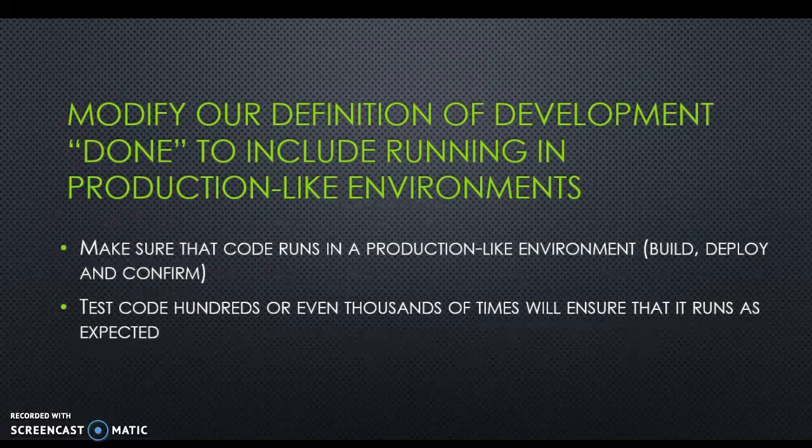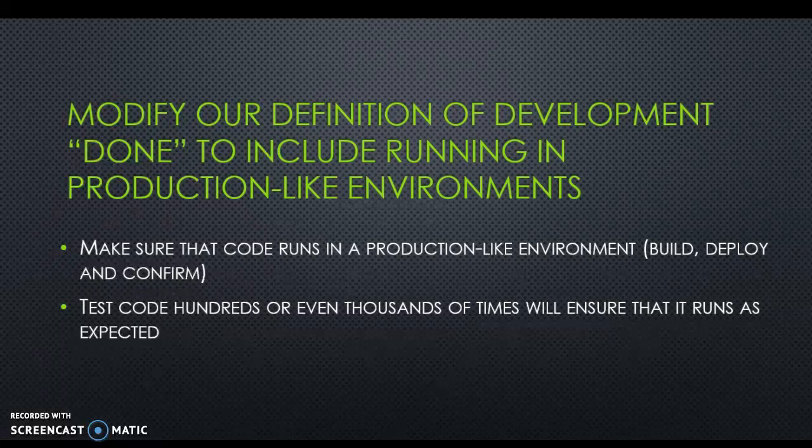Then modify the definition of done to include running in production-like environments. Two points: make sure that code runs in a production-like environment, and then test the code hundreds, even thousands of times, to ensure that it runs as expected. Basically, when we have our production environment and we code in it, and as we code, we test it many times in the production-like environment instead of having our own environment.